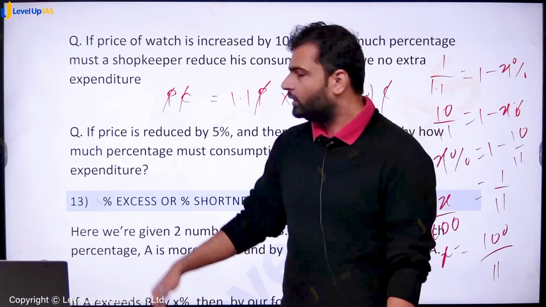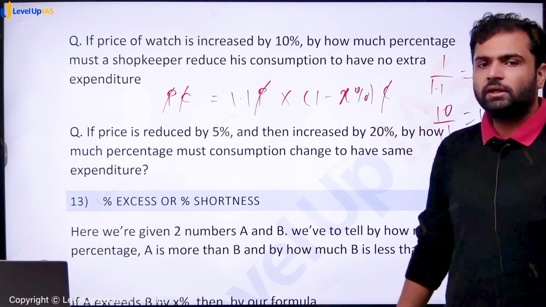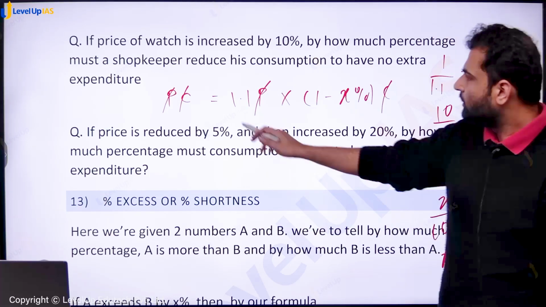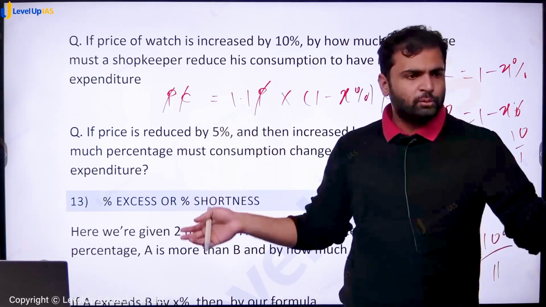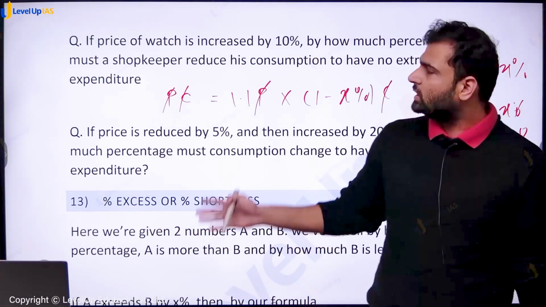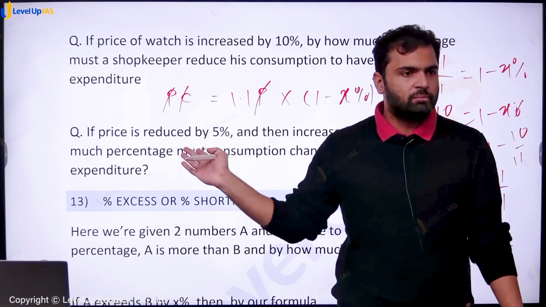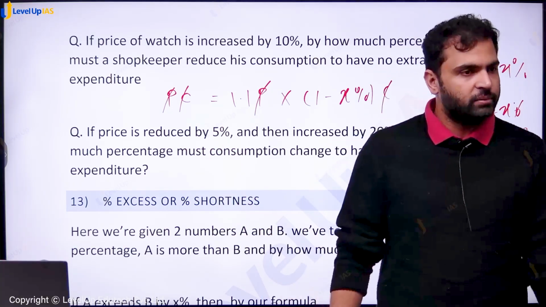Let me just repeat this first for him, then let us see if we can get the same answer using the formula. We are assuming the initial rate as some P, the price of the watch, and the initial consumption of the shopkeeper as C. So the initial expenditure is price into consumption, P into C. Now we are increasing the price of the watch by 10%.